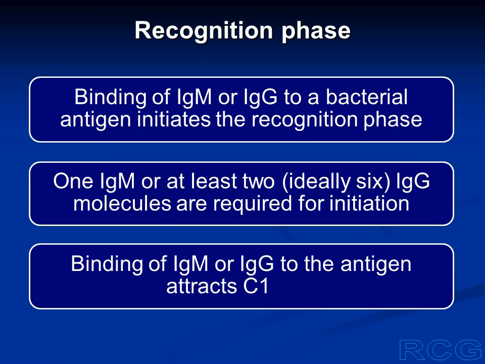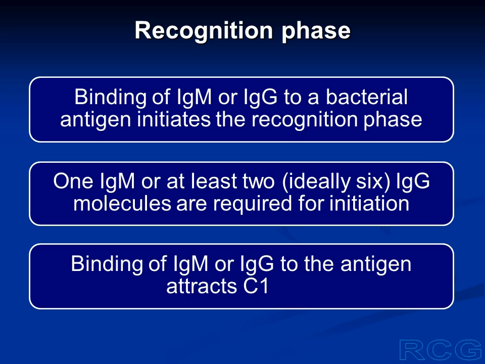The first phase, which is the recognition phase, requires an antigen-antibody binding, and only two classes of antibodies, IgM and IgG, can activate the complement system.